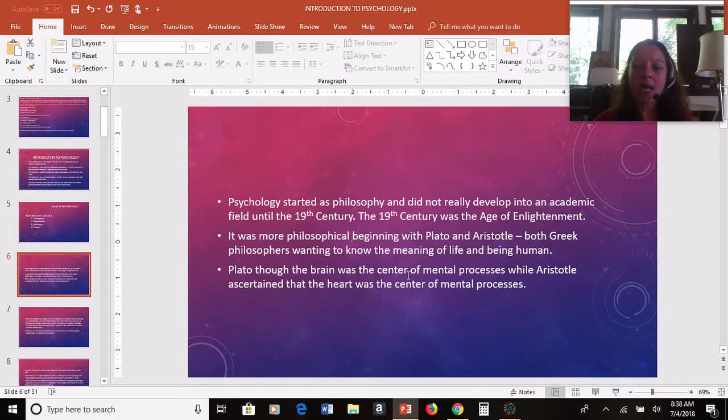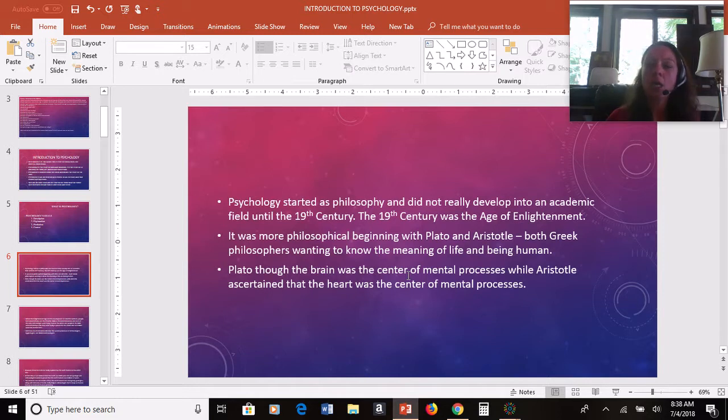Alright, so like I said, psychology really didn't become a scientific field until about the 19th century, about when we start having the age of enlightenment and the scientific revolution. But psychology gets its roots in philosophy, and it's not just Western philosophy, which is largely influenced by the ancient Greeks and then the Romans, but also Eastern philosophy.